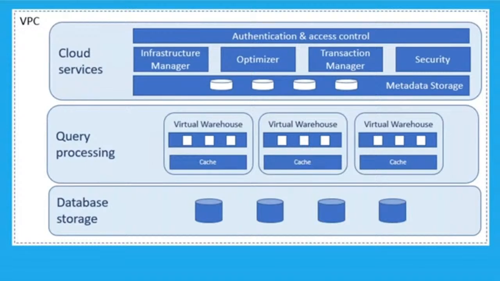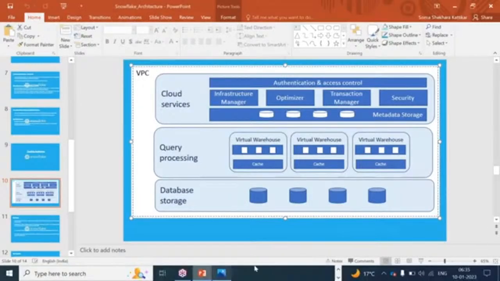You just can't see physical devices. I will show you how to create virtual warehouses and how they look. You need to create a virtual warehouse. This is also one of the objects, like how you create a table. So the virtual warehouse is also an object in your Snowflake that you are going to create.